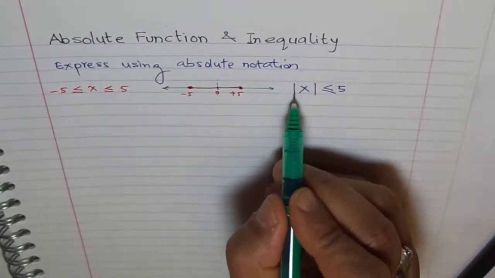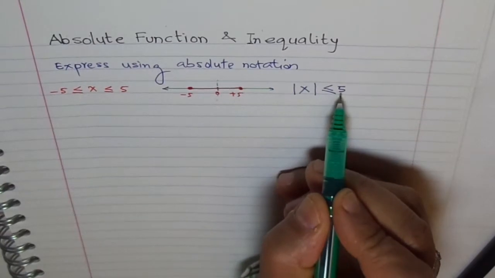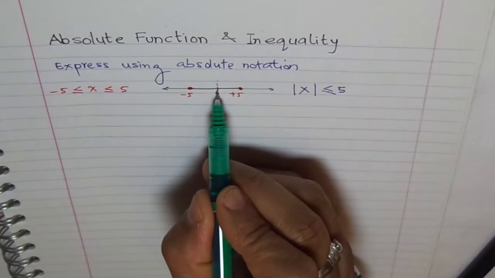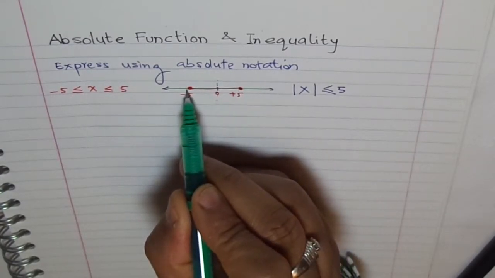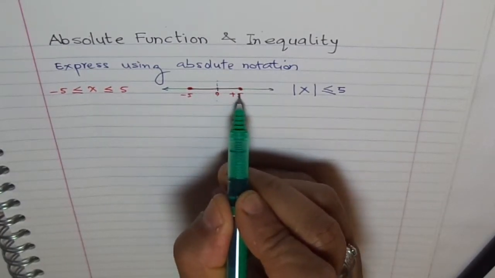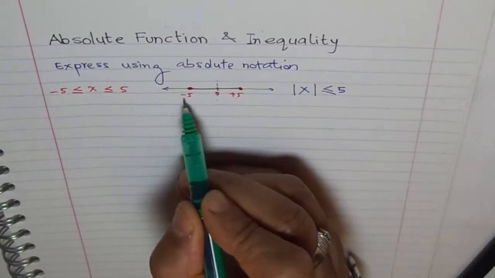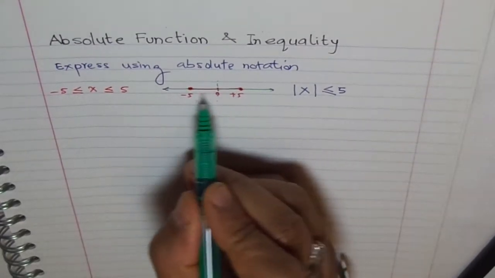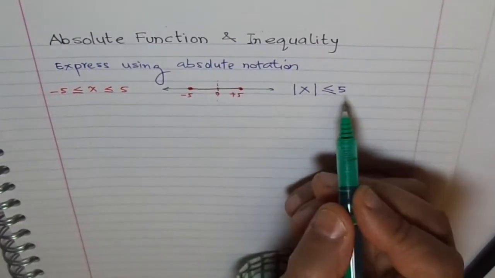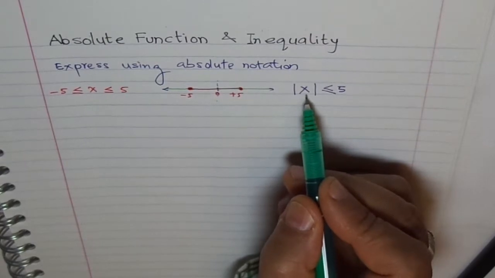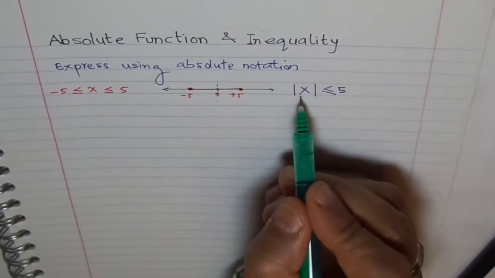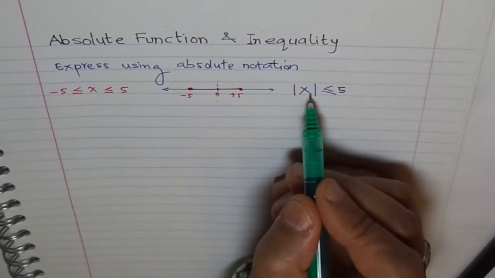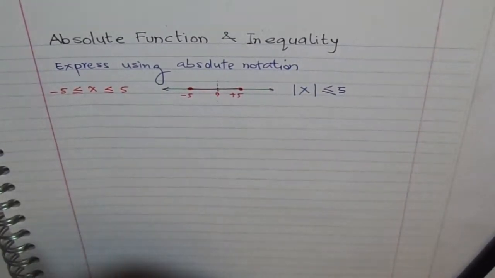When we say absolute x is less than or equal to 5, then we are saying that everything is at most 5 distance away or within the radius of 5, not sign. -5 is also 5 when you do absolute of that. So within this region. So yes, it goes with the definition of absolute function. And this is what we are calling absolute notation. We are using absolute x to represent our inequality.